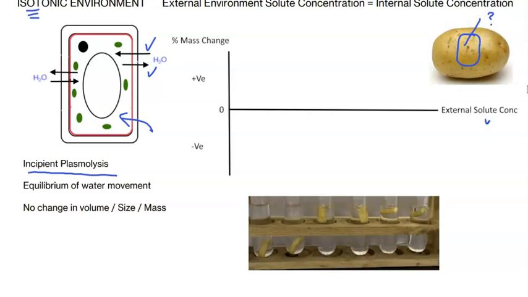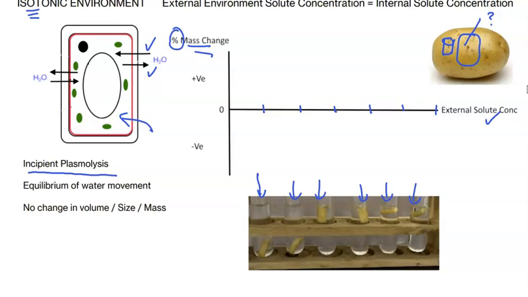So the external solutions are here, and down here we have the dilute ones, and they will become increasingly concentrated as we go along. And we take a sample of potato and put that into the different concentrations of fluid, so different pieces of potato. And what we're interested in, one way of doing this, is to look at the percentage change in mass of the potato.